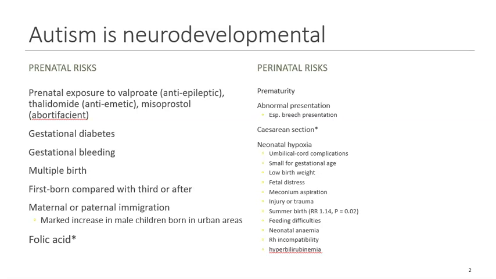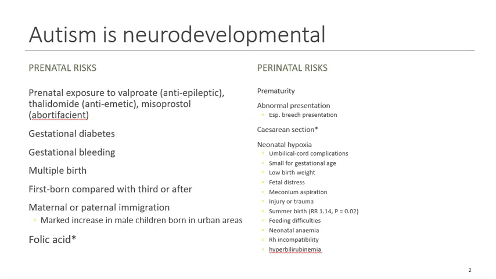And then the last one I want to talk about is folic acid. There is a debate on folic acid as either an increased or decreased risk for autism. Many early reports do suggest that folic acid supplementation after conception will increase the risk of autism spectrum disorder.